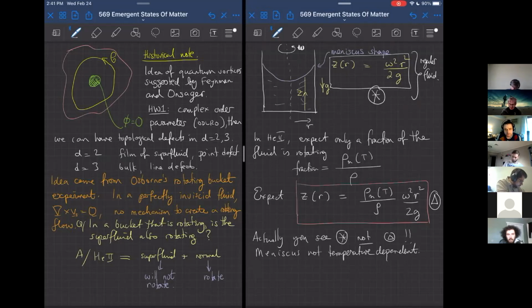And so it seems that the entire fluid is undergoing solid body rotation.